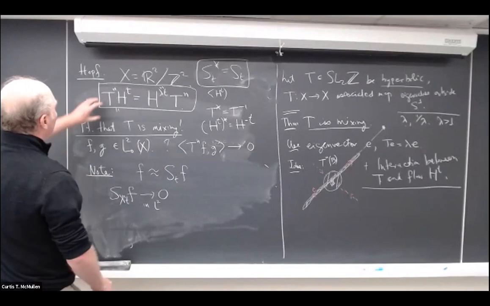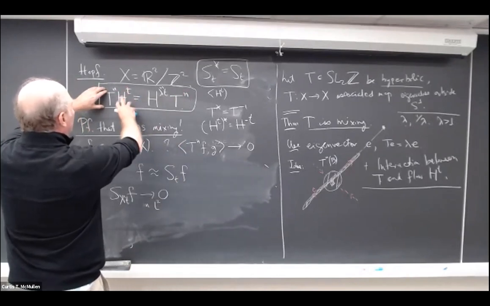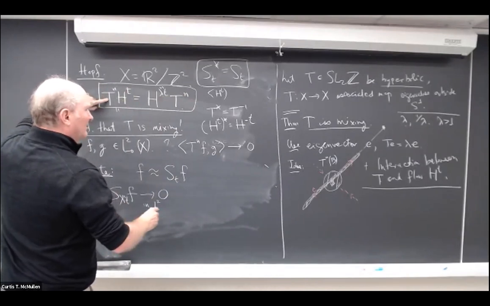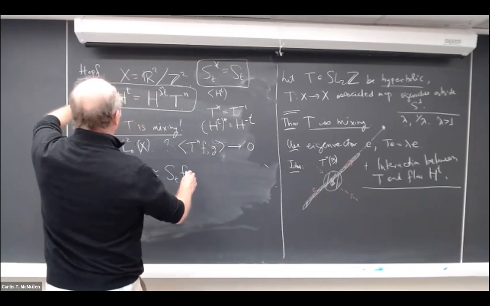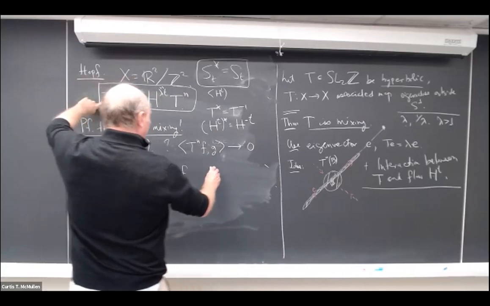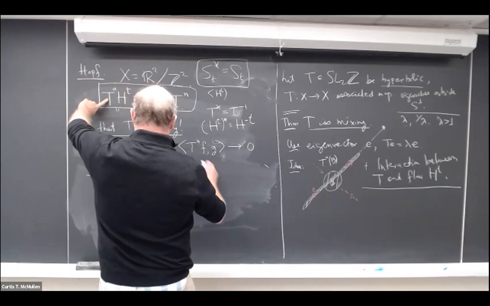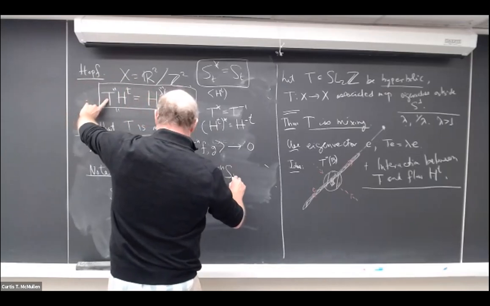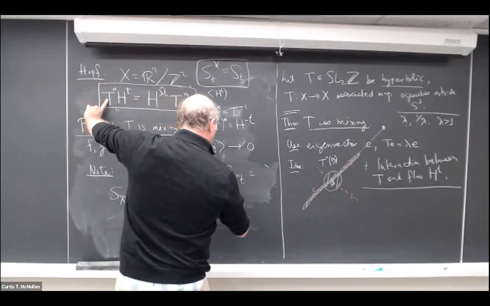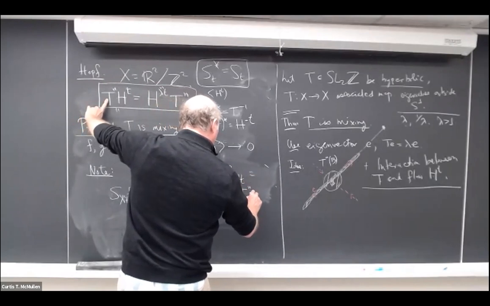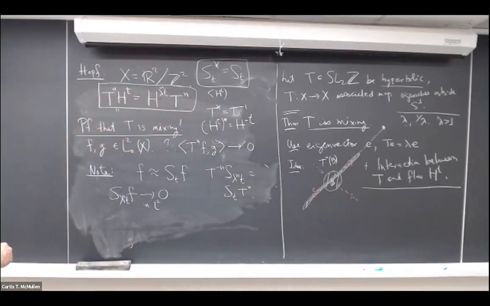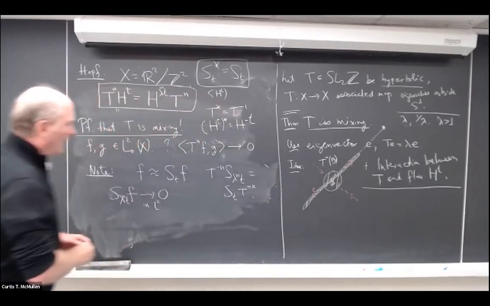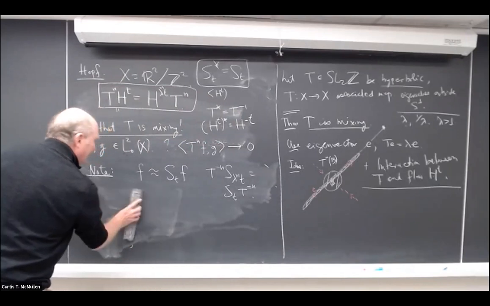So if I put a T to the minus n here and a T to the n here, then this equation gives me, right, so sorry, I needed to use a slightly different identity. What I want to use is the identity that T to the minus n, S lambda to the n t, is equal to S_t T to the n, T to the minus n. Okay, so let me just write down something related to that.